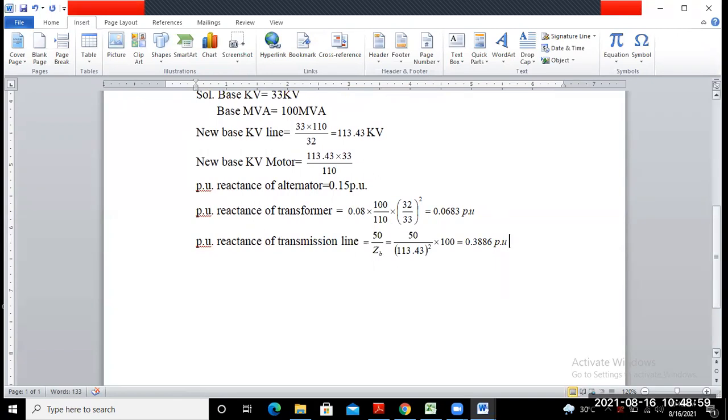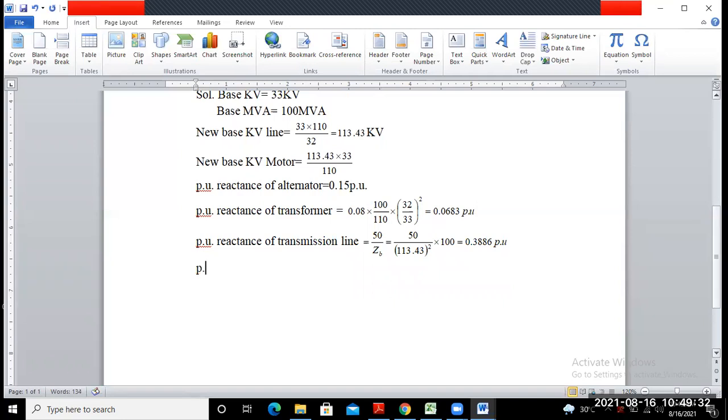Okay. Now just convert the per unit reactance of motor 1, motor 2, and motor 3. Their per unit values are given on their own rating. So the per unit values of motor 1, motor 2, and motor 3 must be converted into the base MVA.